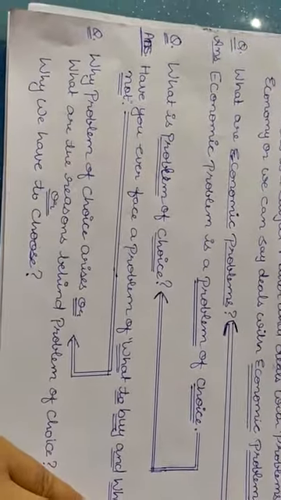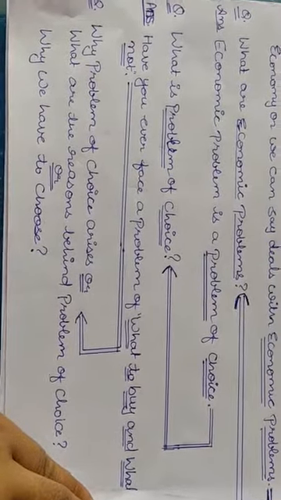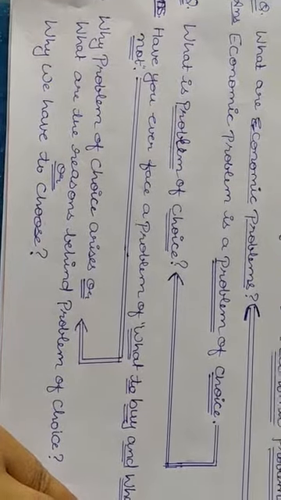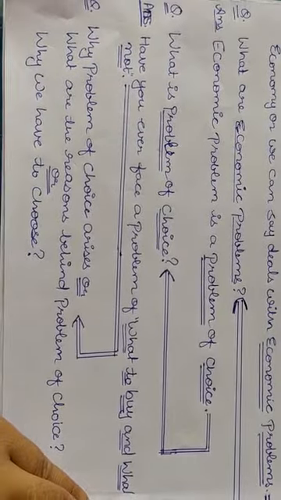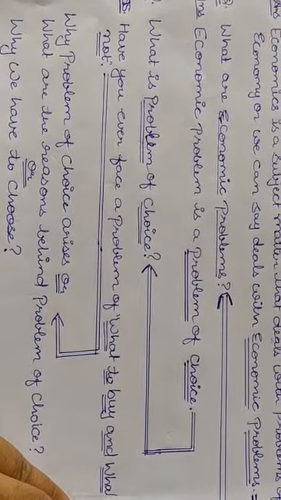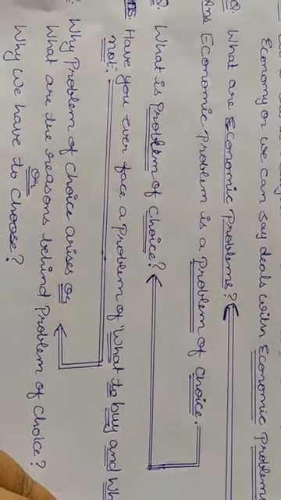Have you ever wondered, or have you ever faced a problem of what to buy or what not? Yes, exactly. We all, one day or the other, face the problem. What to buy or what to skip, right? So, now the question arises, why do we have to face this problem? What's the reason behind it? Why do we have to choose?